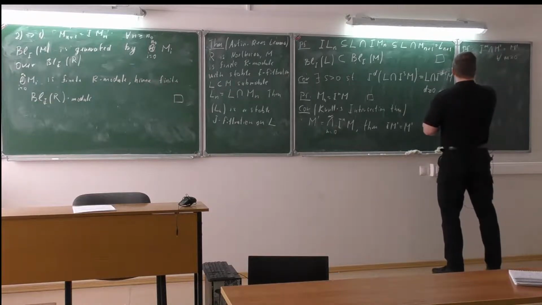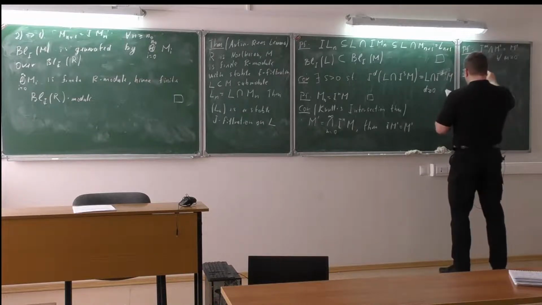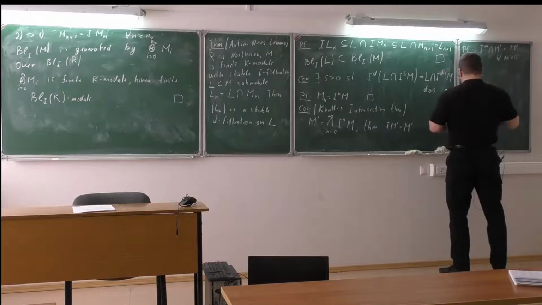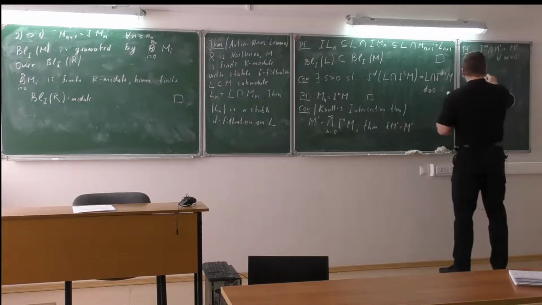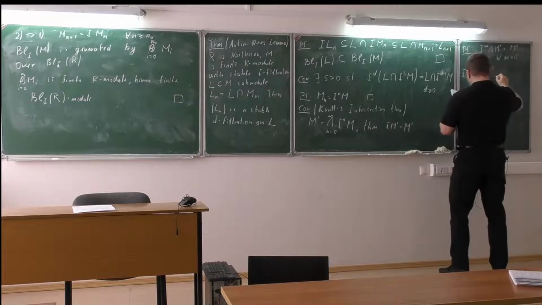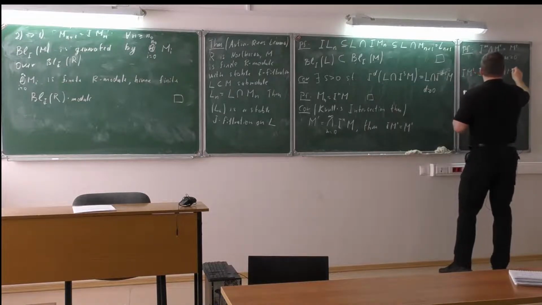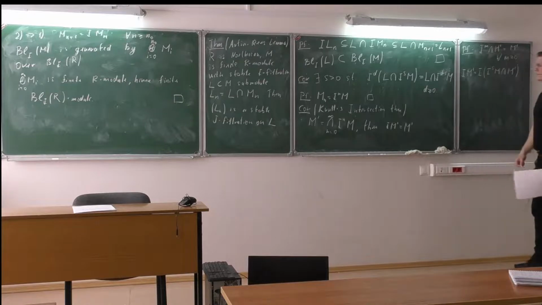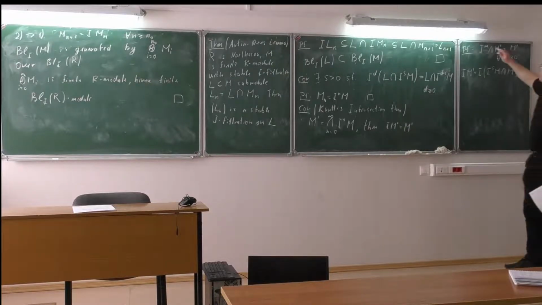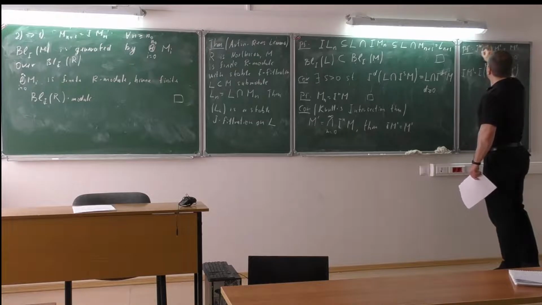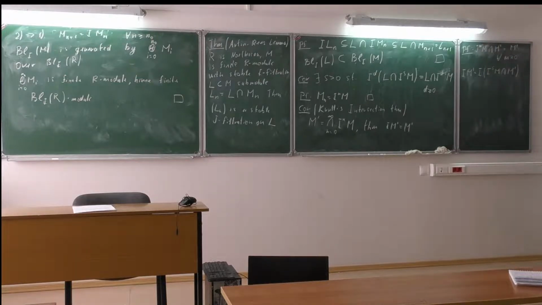So now let's try to compute I M prime. I keep I. Instead of M prime, I'm going to write I times the intersection of the I^S M. So I'm starting the computation of I M prime.